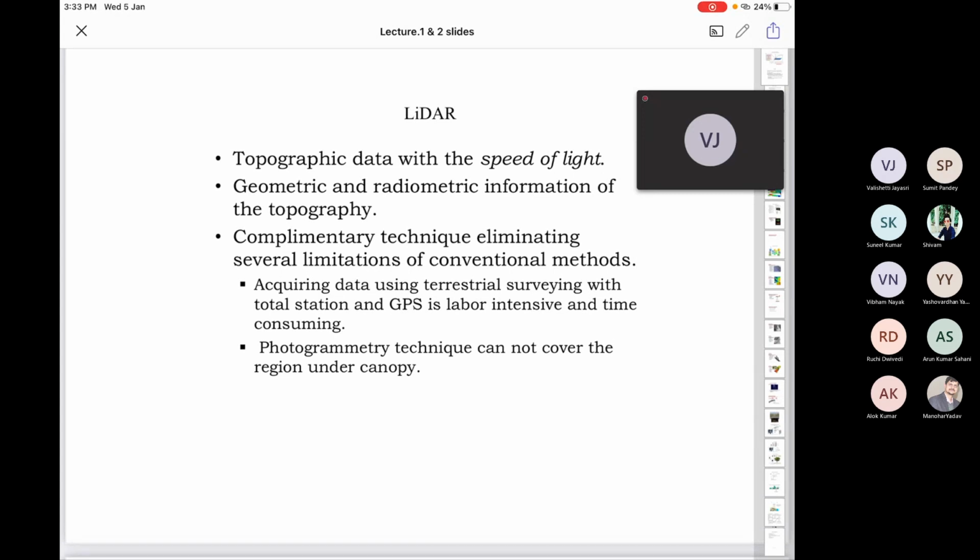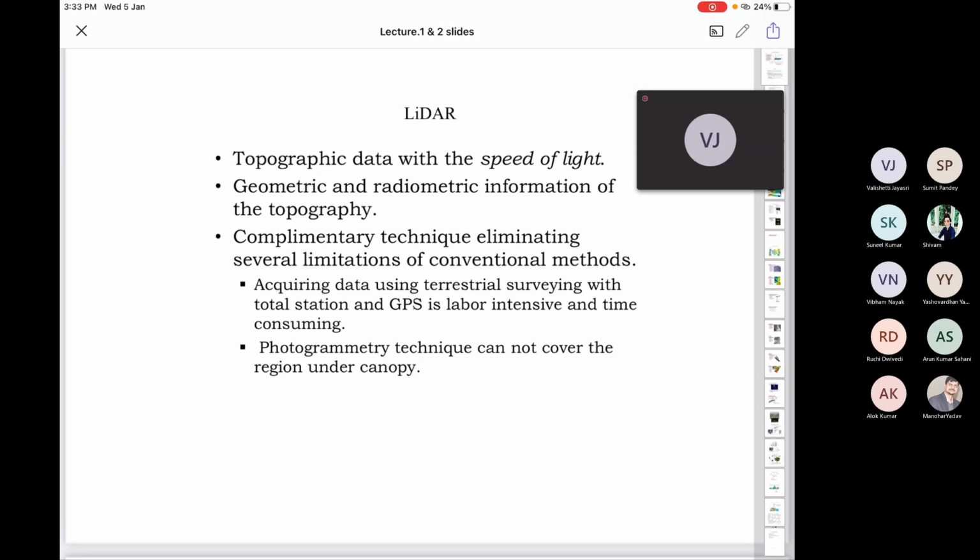One point that I discussed earlier: if we consider photogrammetry, and you acquire the images using an aerial platform, then if we consider trees, you can't get the information below the tree canopy. Below the tree crown, you can't get the information.